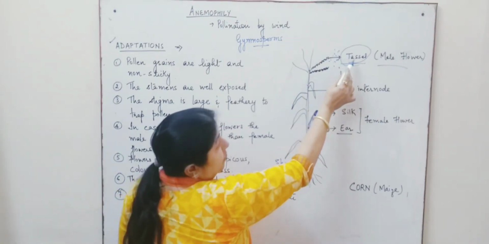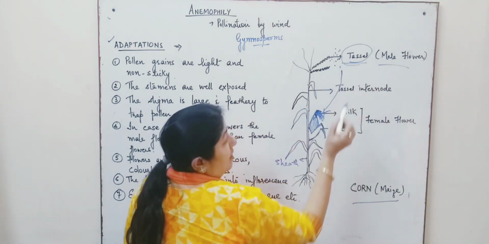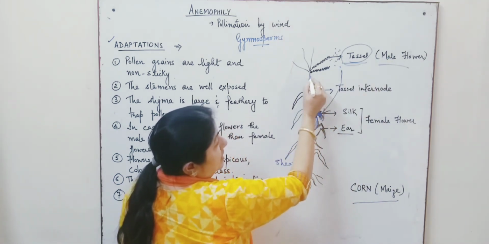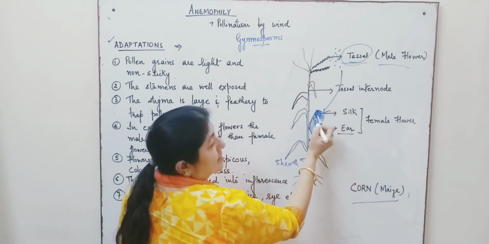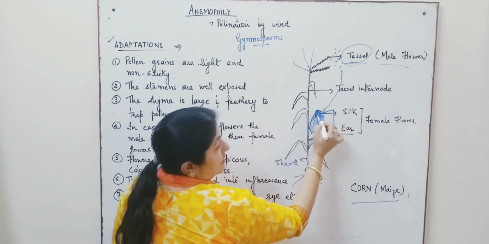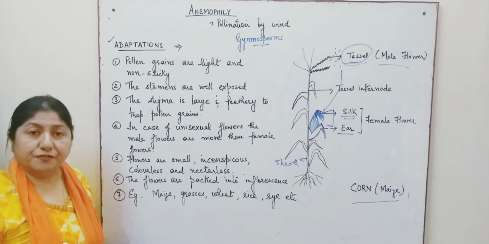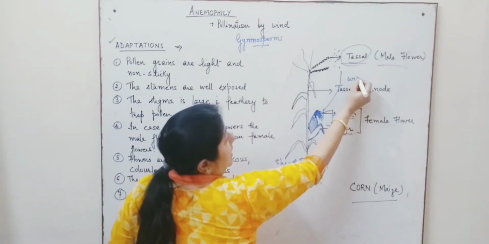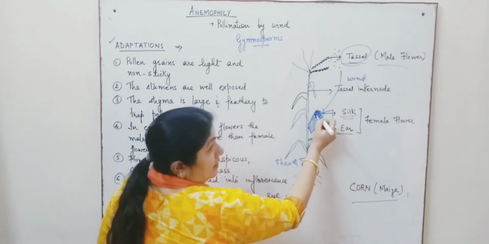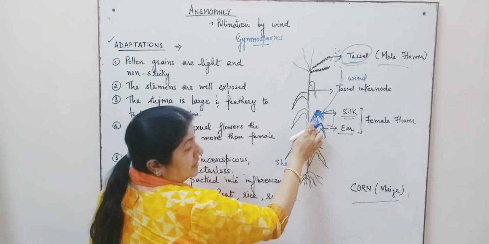So the tassel over here in the case of corn or maize is the male flower. This is the tassel internode, that is the gap between the leaf over here at the top, and this corn is representing the silk. The golden hair represents the silk, and the ear, which is a female flower. So the pollen grains which are being released over here are carried by wind, and they are trapped by the silk over here, which eventually helps in the fertilization process.